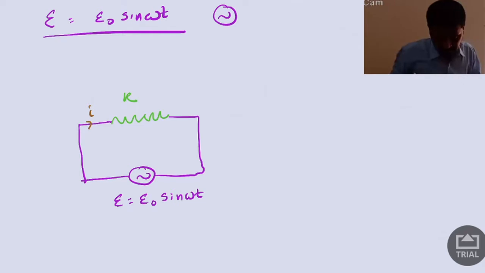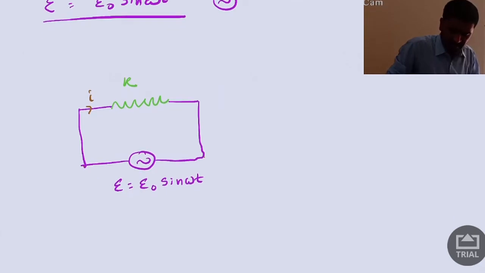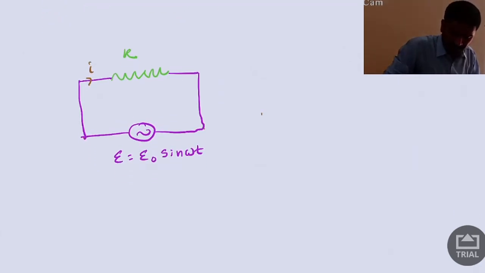You can apply the loop rule here. The loop rule says the algebraic sum of voltage across all elements in the loop is 0. Now in this loop we have only two elements, one is a resistor and one is your supply. So the voltage across the supply will be E, and the voltage across the resistor will be minus IR, equals 0.